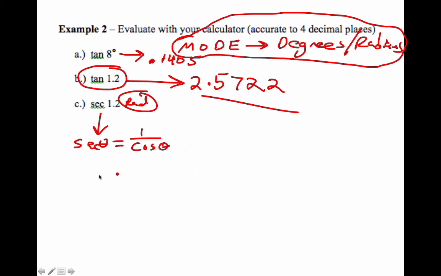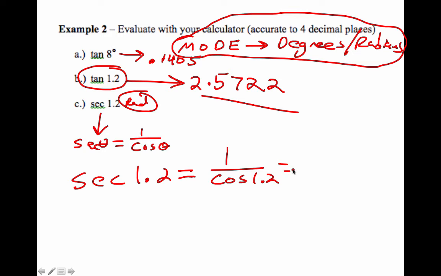So I can really do the secant of 1.2 is 1 divided by the cosine of 1.2. That's what I type into my calculator: 1 divided by cosine 1.2. I'm in radians, and I get 2.75907. Please make sure that you check your mode, degrees and radians.